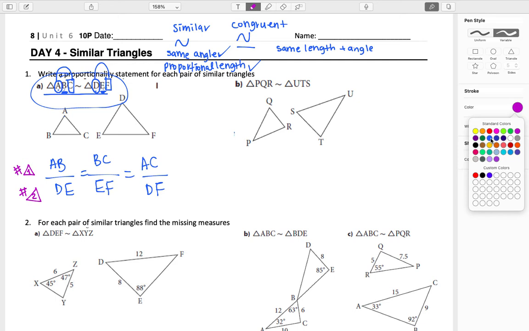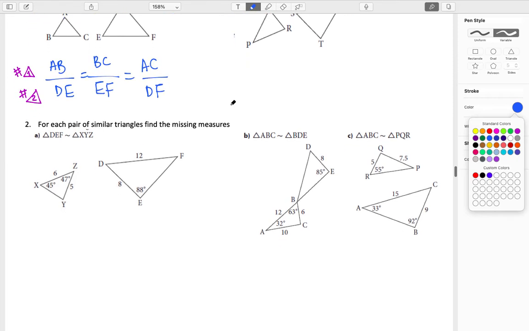Okay, so let's take a look at the next example. For number 2, it says for each pair of similar triangles, find the missing measure. So it looks like triangle DEF is proportional to triangle XYZ. So we need to look for EF and XY. Let's write the proportionality.